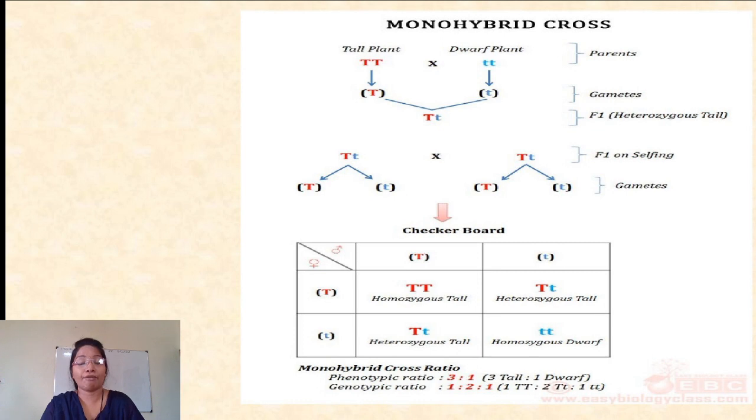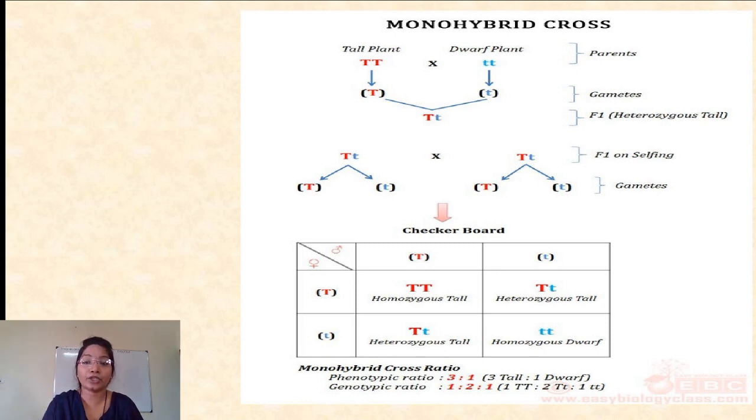When we cross capital T with small t, we get capital T small t, that is heterozygous tall in F1 generation. When F1 generation undergoes selfing, selfing means cross of F1 individuals with themselves.